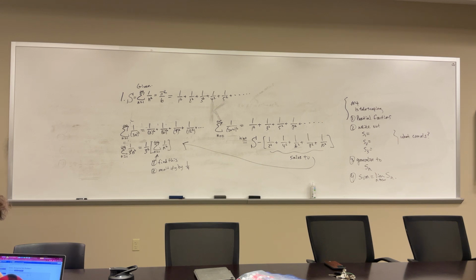So you'll just have 1 over 4 squared times that thing, like 1 over 4 to the 4th, 1 over 5 to the 4th, 1 over 6 to the 4th. This thing here is 1 over 4 squared times that. And so I can take that value, multiply it by 1/16, and I'll have this value. Now you have to actually subtract the first 4 terms instead.